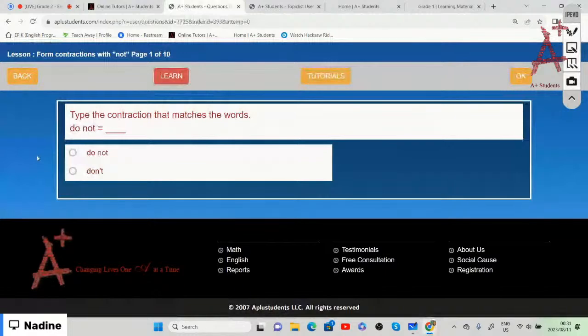Do not means don't, or do not. We will choose don't because we specifically said it is a shortened form of words. So do not means don't.